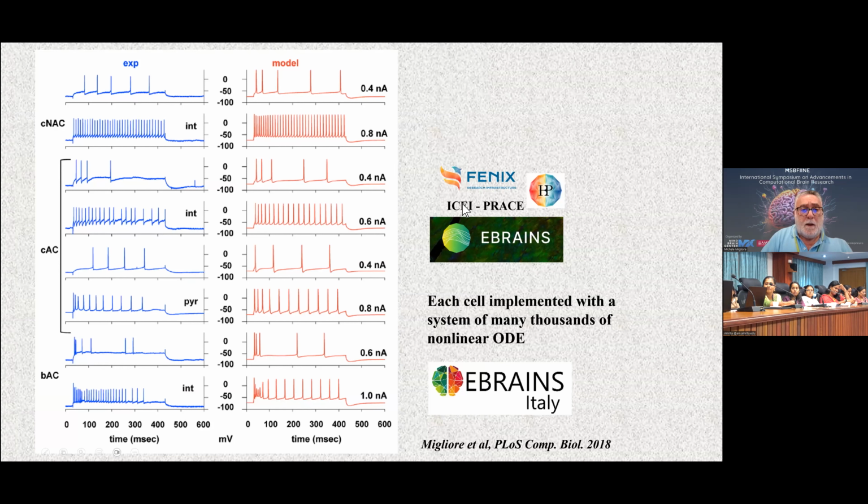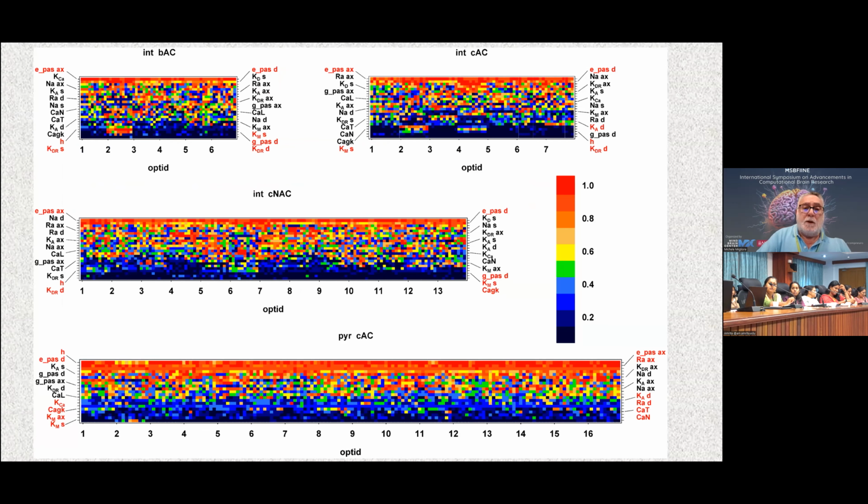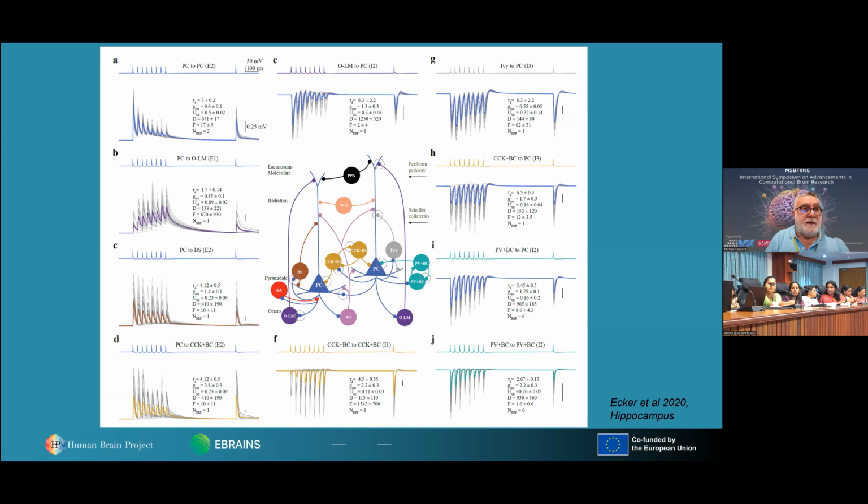And once we have the model for different neurons, we also need to take care of the connectivity, because if you want to build a network, you need the single neuron, but you also need to model the synaptic interactions between different pairs. And so we also did that.